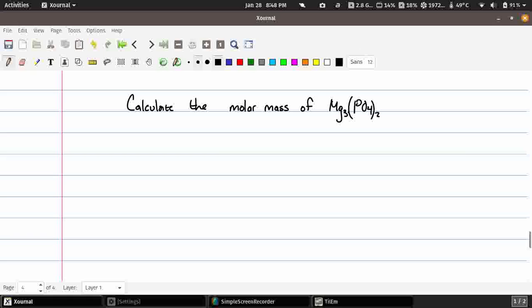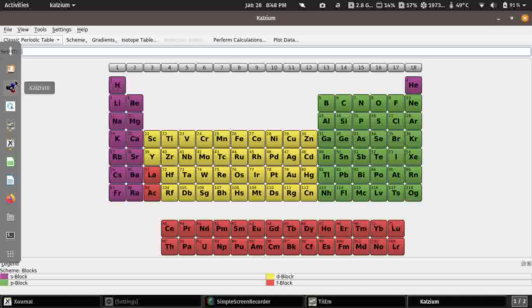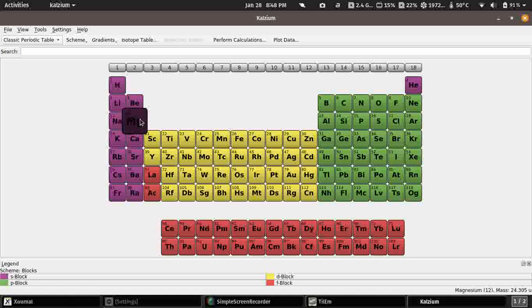If I was asking you to calculate the molar mass of this, you do it the same way you do anything else. So magnesium, I don't have a periodic table. Let me look. Magnesium, if it opens. Of course it's not going to open.